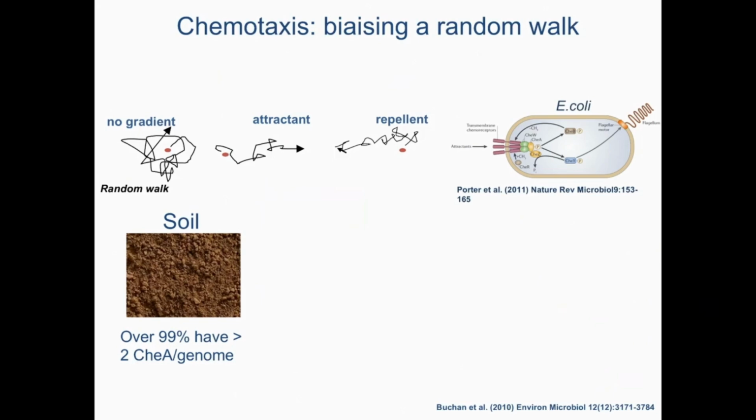If we take a soil metagenomes database and look for CheA, which is essential for chemotaxis, and count how many CheA compared to how many genomes are represented in this data set, we can see that over 99% of all genomes represented in soil metagenomes have more than 2 CheA per genome, meaning they potentially have more than 2 systems like this one in each genome.